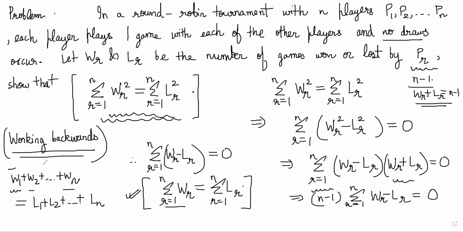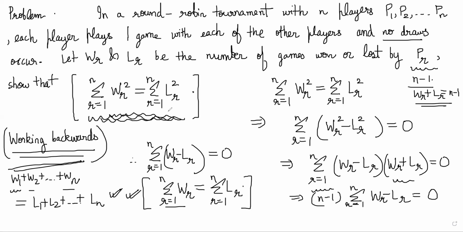So this is an obvious statement that the total number of games that are won is equal to the total number of games that are lost by all the players, because there is a one-to-one correspondence between a win and a loss. A win for one player is equal to a loss for another player, and the number cannot ever change. So because we have come to an obvious fact here, we know that the claim we made in the beginning must be true.